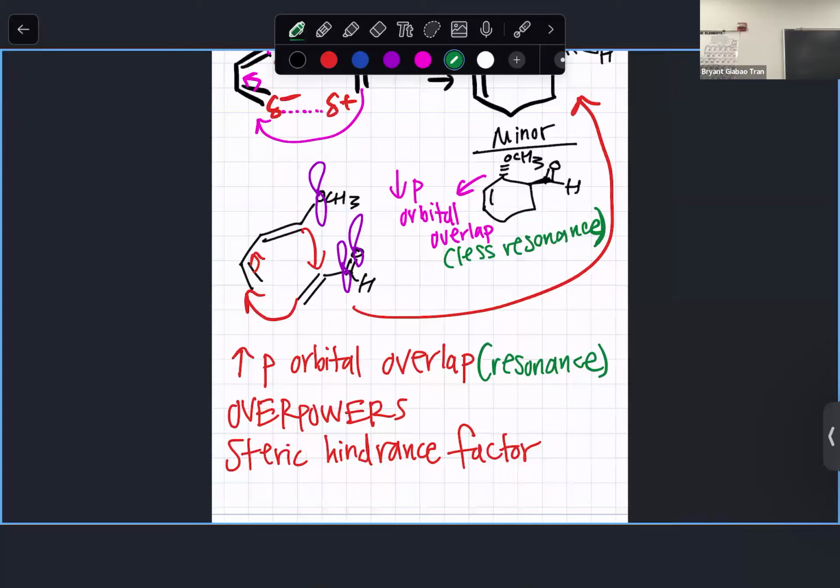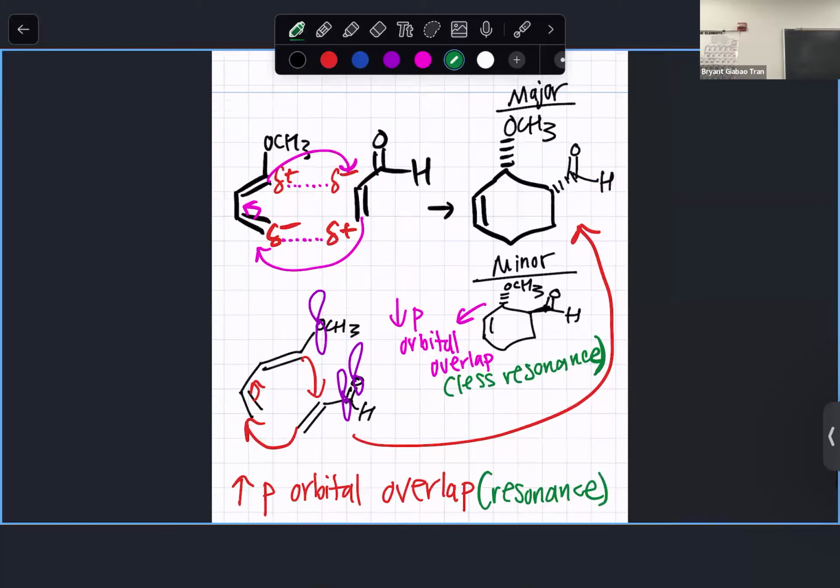We want the p orbitals to be on the same side so the electrons can hop onto the next p orbital and do more resonance, which gives us the groups on the same side to increase p orbital overlap or resonance. Even though the steric hindrance factor is worse in this case, the resonance factor is greater, which overpowers the steric hindrance factor. The steric hindrance factor here is better because there's less steric hindrance, but there's less resonance because the p orbitals are not aligned anymore. There's less resonance here.